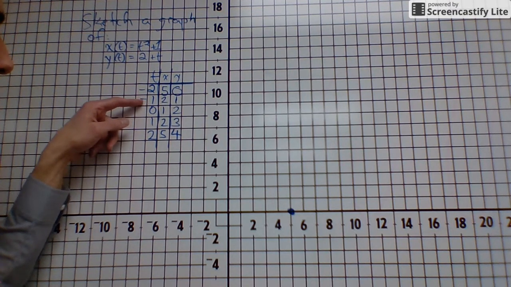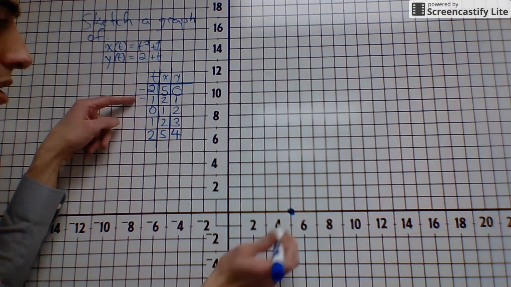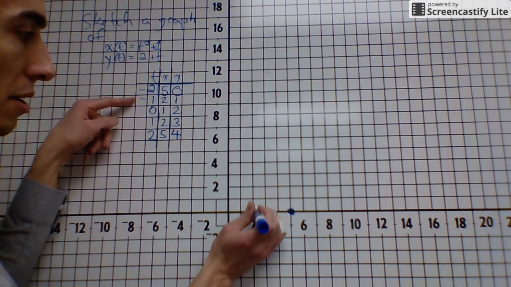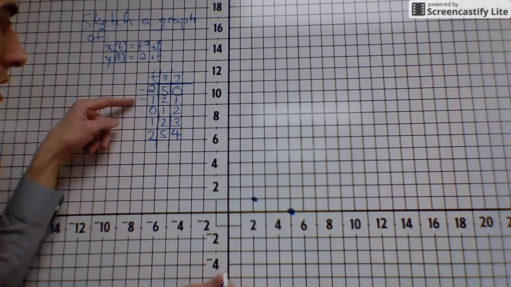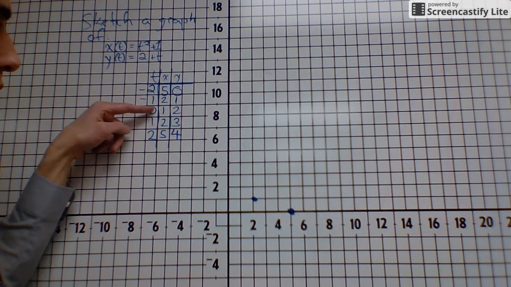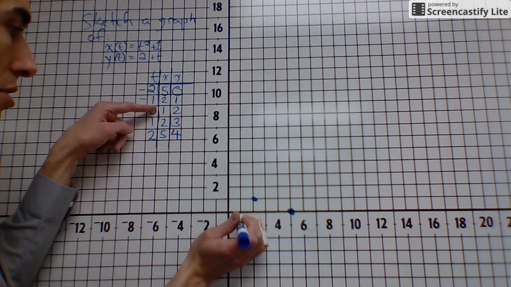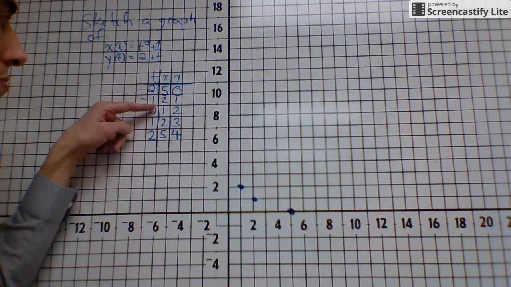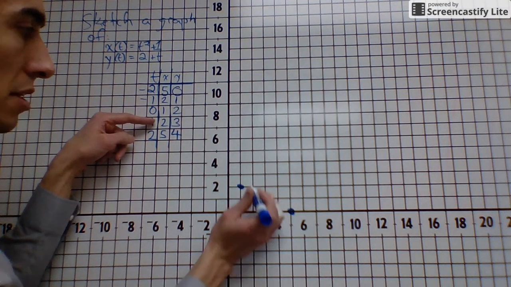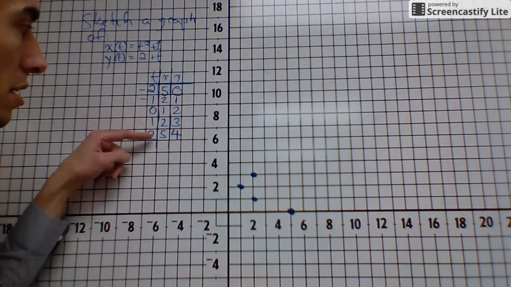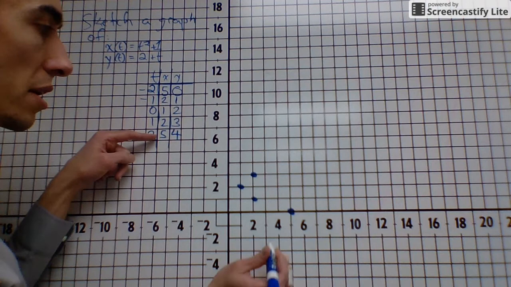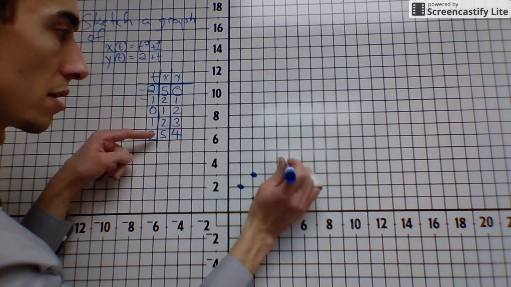Then the next point is when t is -1, and that's the ordered pair 2, 1. And then when t is 0, we have 1, 2. When t is 1, 2, 3. And when t is 2, 5, 4.